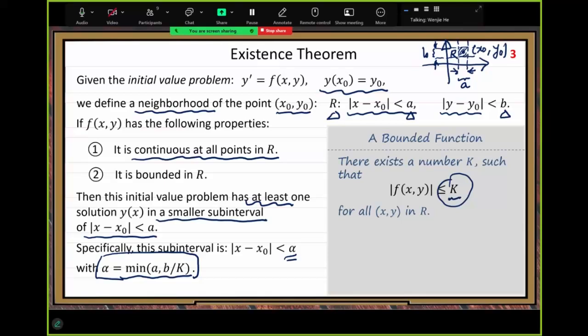If you change to a different technique, probably you can improve that alpha. But here we do not go that far, so we will not dig into the proof. If some students really want to see the proof, you can go to the appendix of our textbook.